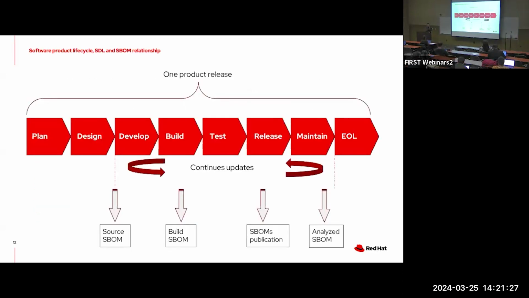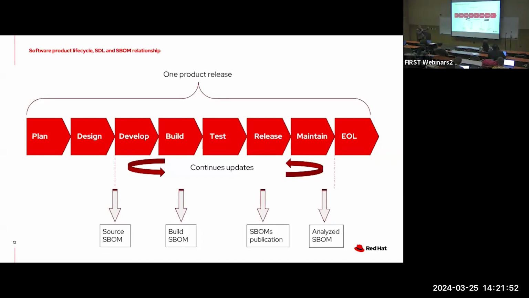Here is a diagram that can visualize it a little bit better. So here you see one product stream, Y stream, life cycle, starting from the planning phase, ending at the maintenance and end of life of that stream.